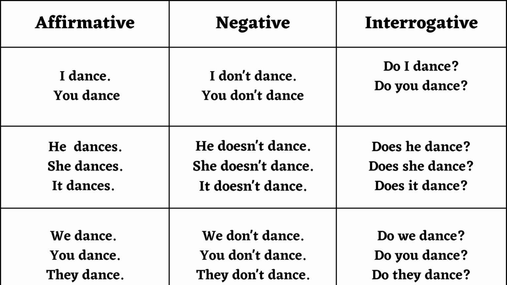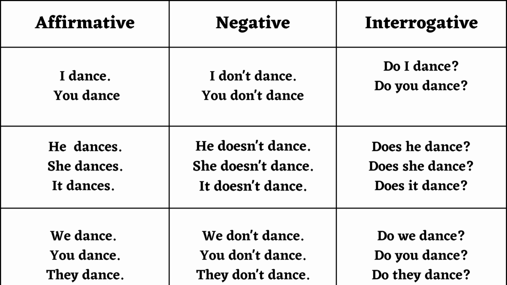Then we have he, she, and it. For he, she, and it, we have he dances, she dances, it dances. He doesn't dance. So remember, here we say doesn't, not he don't dance. She doesn't dance. It doesn't dance.